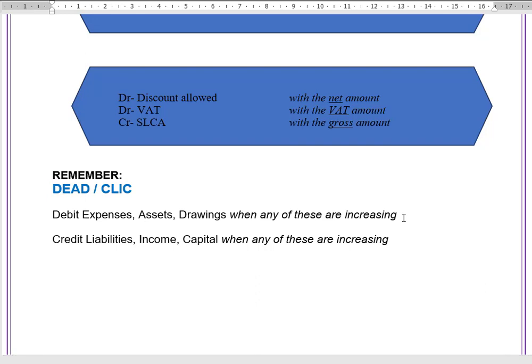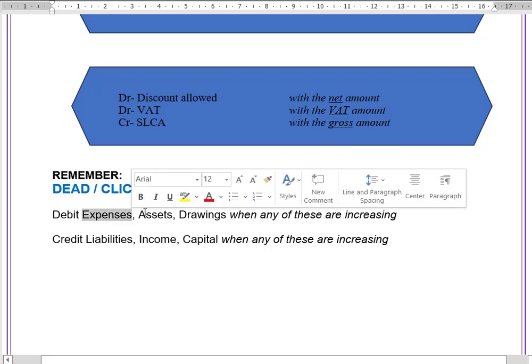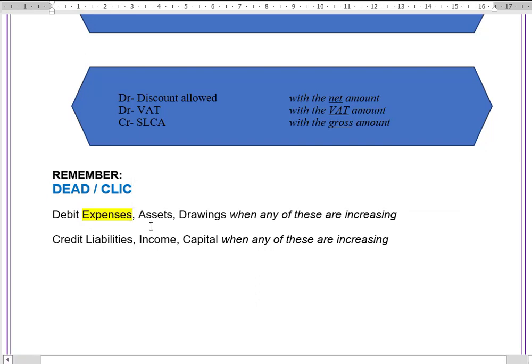So maybe they're going to take £20 discount and they would only pay me £980 rather than paying me the full £1,000. So technically, you're bearing a burden, and that is an expense. The expense is increasing. So you will debit your expense. Which expense? Discount allowed in this case.